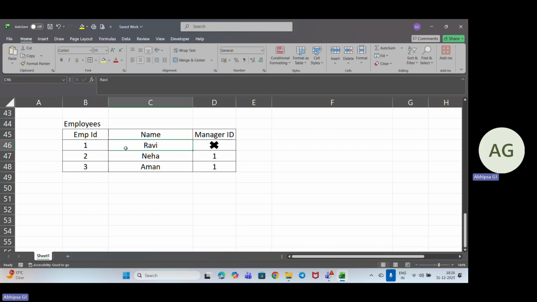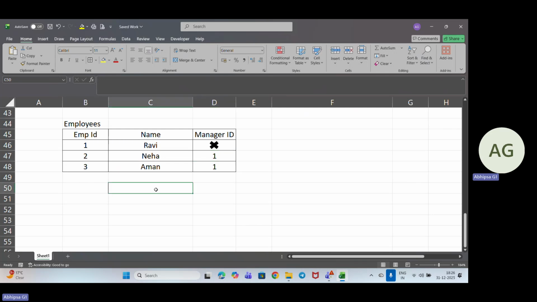So here we have this Neha and Aman with the ID as well, like this one and one. They will become the employee, and the manager would be Ravi and Ravi.